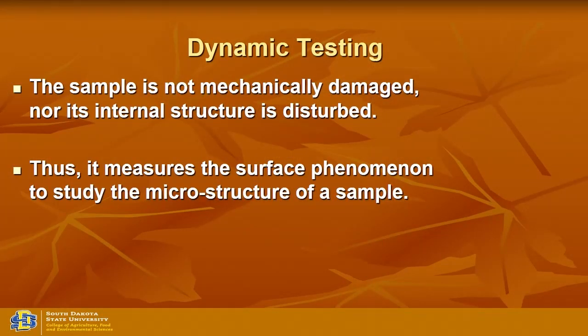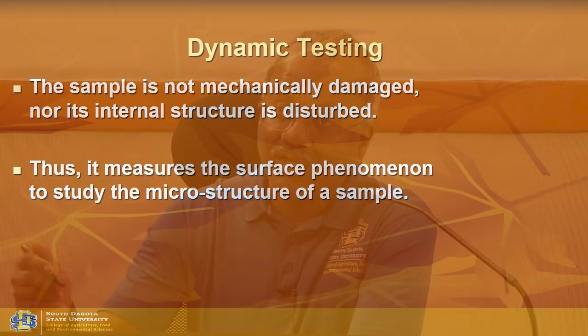But here it's not the case. You can still use the sample for other microstructure evaluations and functionality evaluations. So you can do the dynamic testing of the sample first and then do the microstructure and functional properties on the same sample, because our samples are not homogeneous, they are heterogeneous. If you take different samples for different testing, then there is not much correlation you can do. This way you can do correlation.